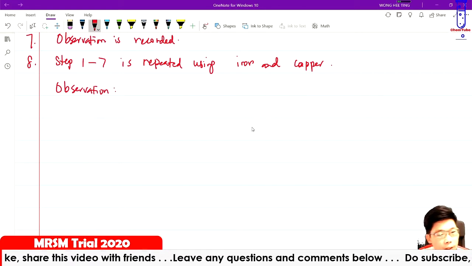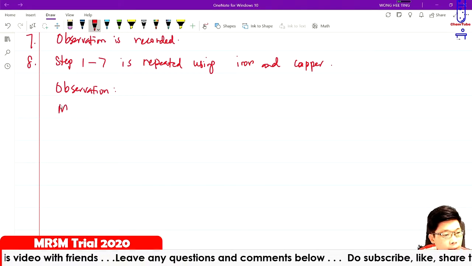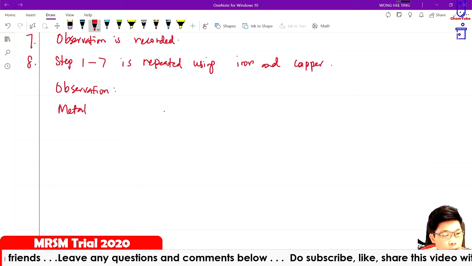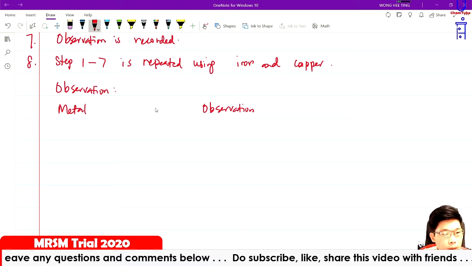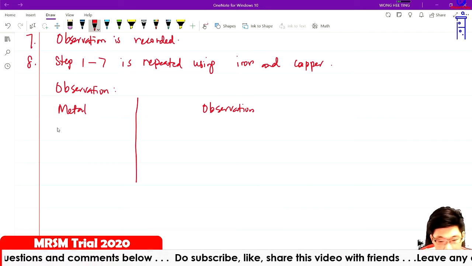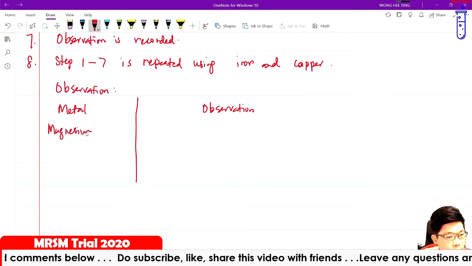Observation we can put into a table. So we can put in the metal. There are 3 metals we need to use, right? Then we can write in the observation. For the metal, we have magnesium.